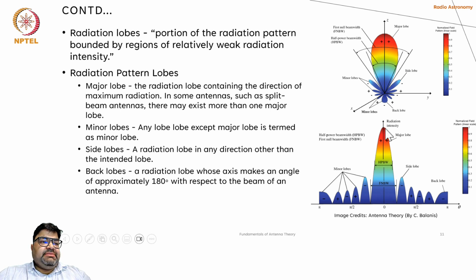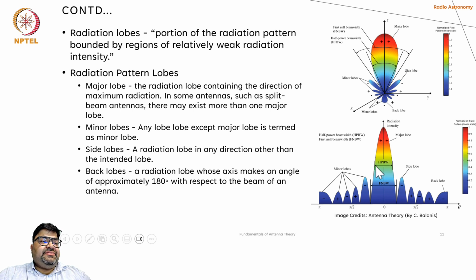So what is this? The main lobe is the maximum power radiation point at the center, and it goes on either side of this axis from 0 to pi/2 to pi. Near the pi portion, the back lobe maximum happens, and at the 0 point, the front lobe or main lobe maximum happens.